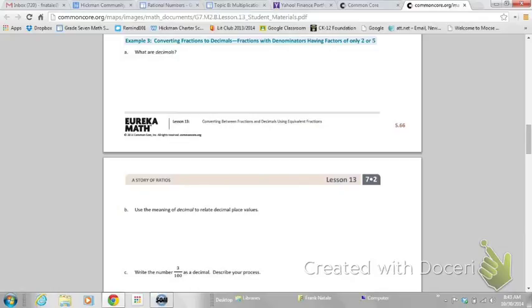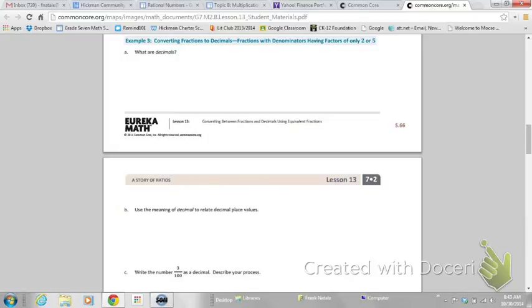But as we move further on into algebra, knowing how to complete these problems without a calculator is very important to the whole meaning of all of this. It's more of a bigger idea.